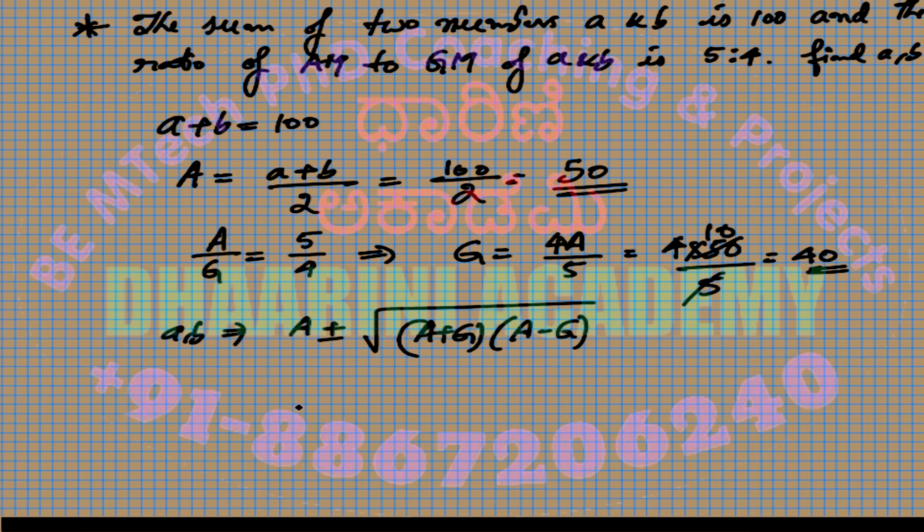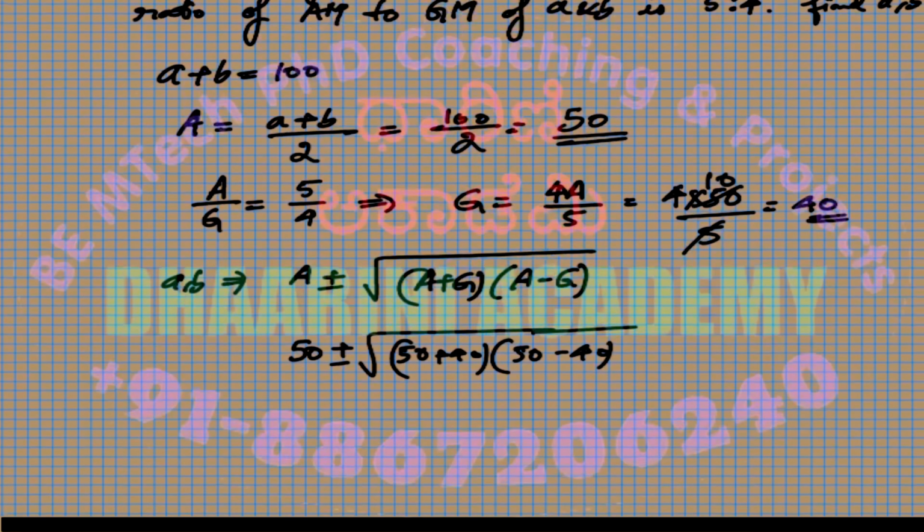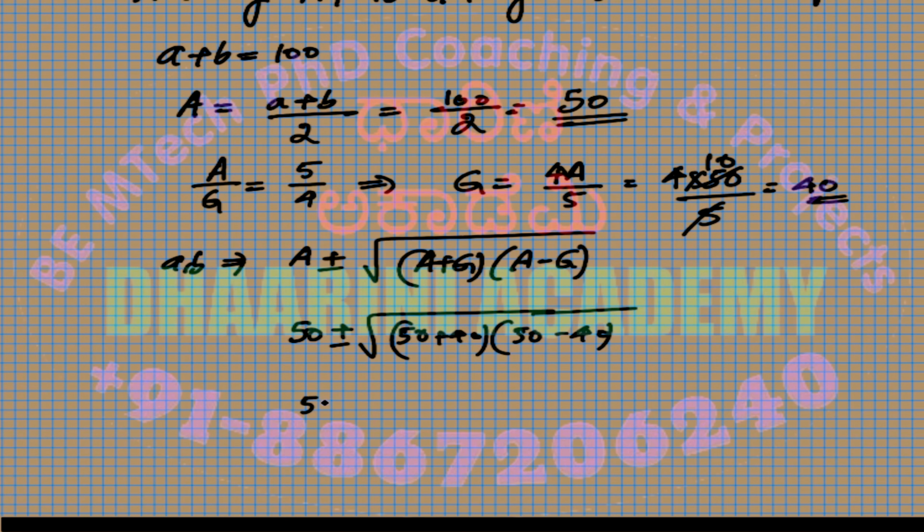Simply substitute. So what is the value of capital A? That is 50. So I have to find 50 plus or minus root of (50 plus 40) into (50 minus 40). So should be 50 plus or minus square root of 90 into 10, 900.